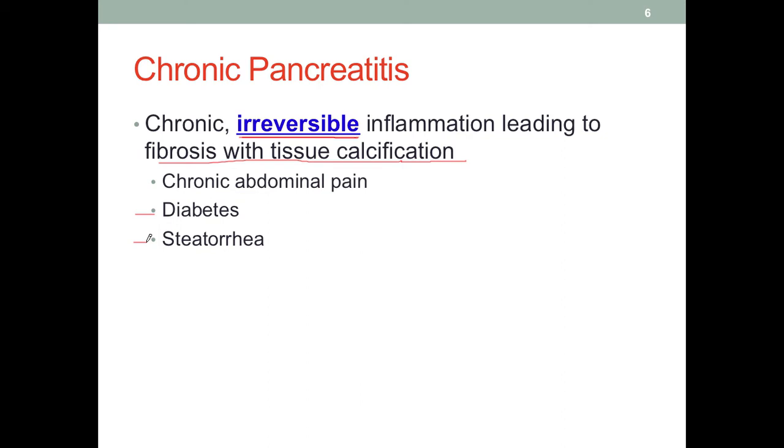Before we move on, let's talk a little bit more about this type of diabetes. So let's think. In this case, although it's secondary to chronic pancreatitis, would this be type 1 or type 2 diabetes?